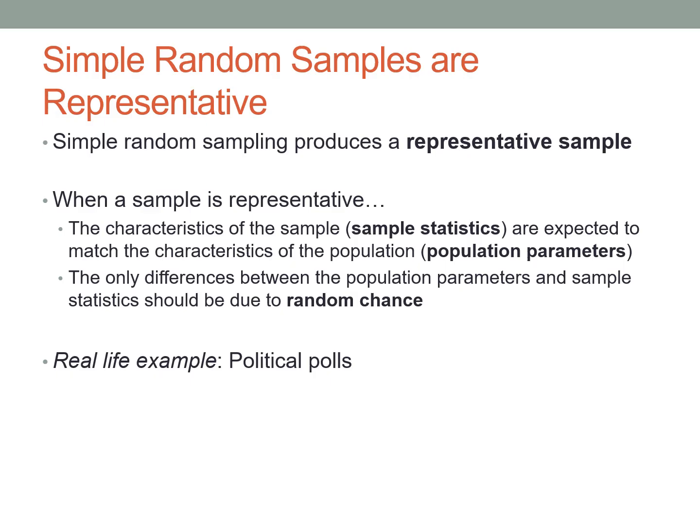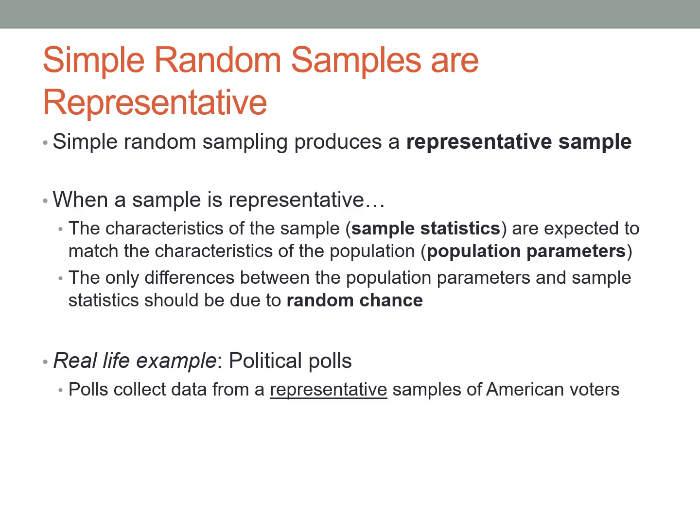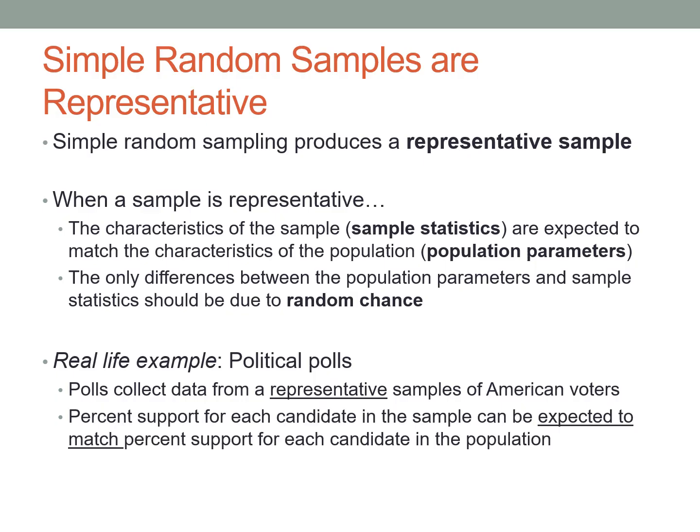But they are representative, meaning that we can expect the sample characteristics to match population parameters, aside from whatever differences we see based in random chance. In other words, polls typically allow us to collect data from a representative sample of American adults or American voters, whatever the target of that political poll is.